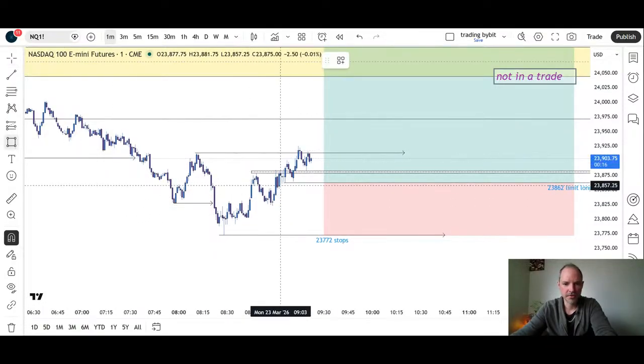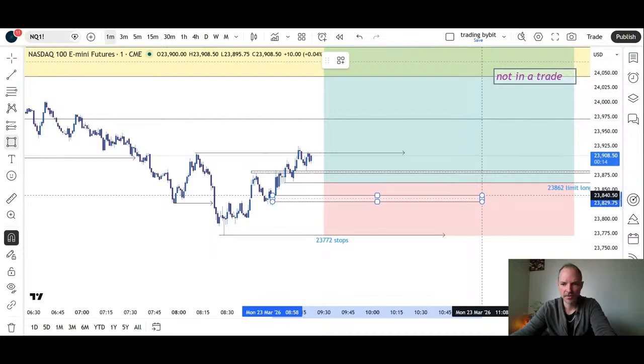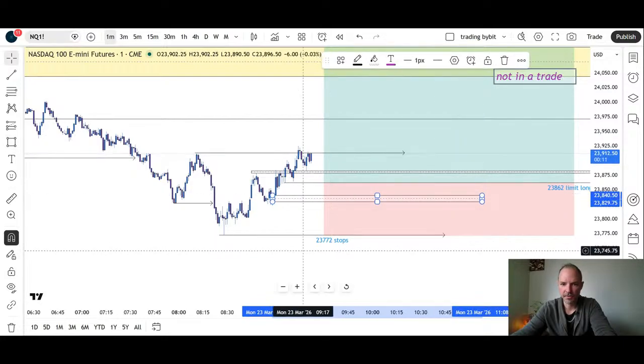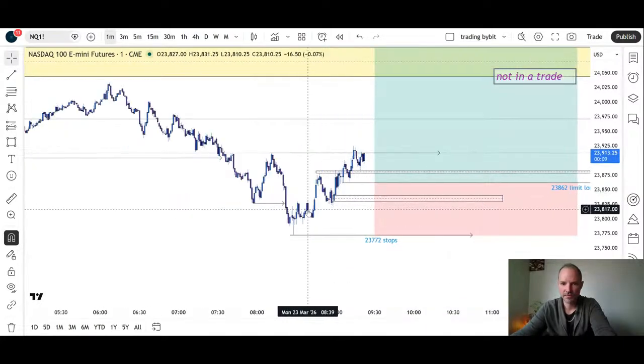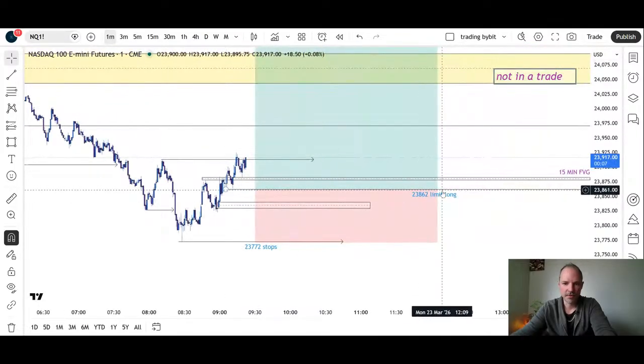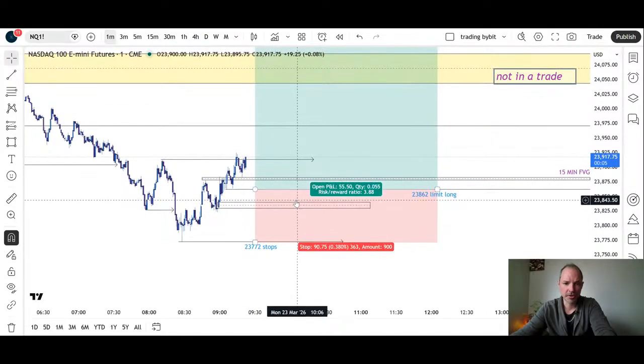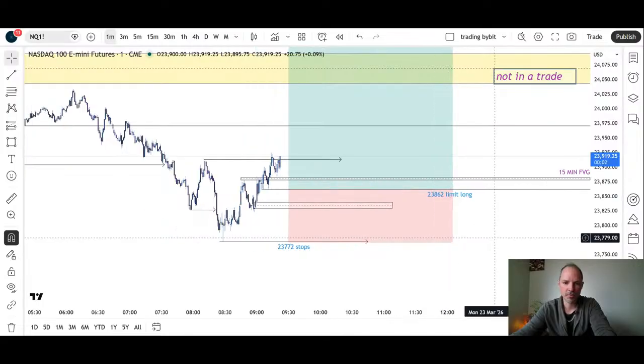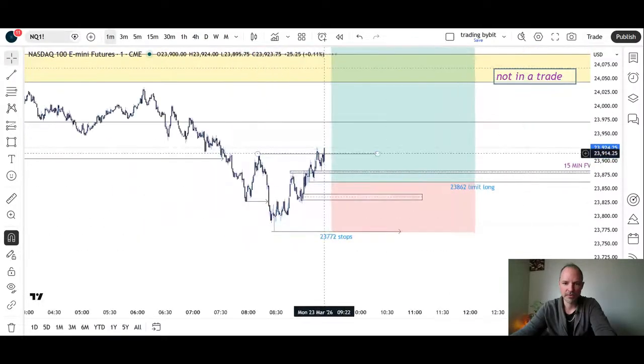The only place that you still could have taken a trade lower is actually 23,840, but not sure that we will get there. So if we don't get there, I'm definitely taking this first limit order. If I'm lucky, we can get maybe one lower, but we do need to get there first.